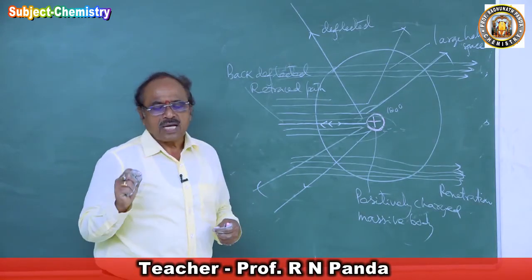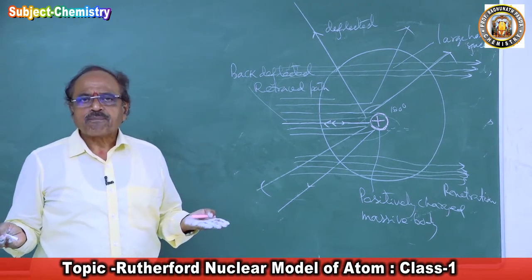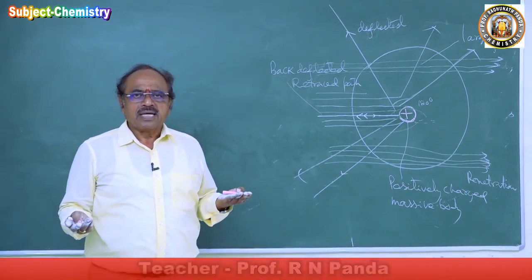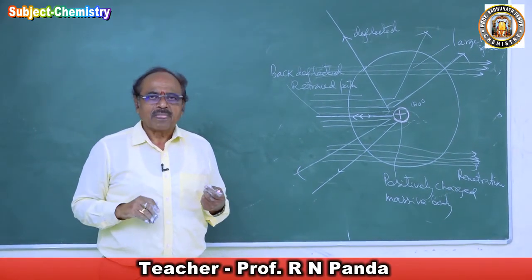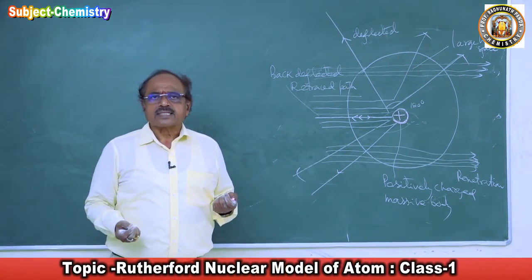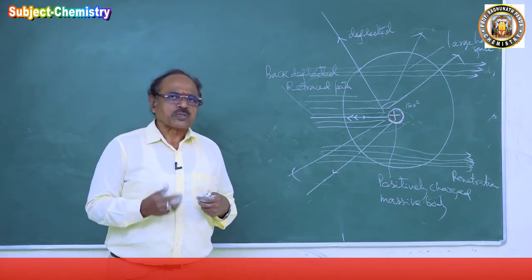Since most of the alpha particles are penetrating, there must be a large empty space inside the atom, hence they are penetrating the gold foil. And second, they are undergoing deflection. To account for the deflection he proposed that the atom consists of protons.